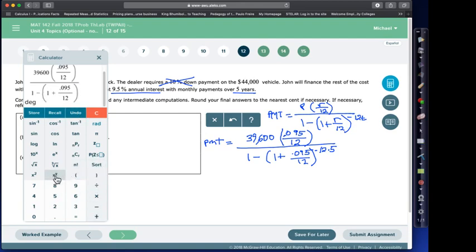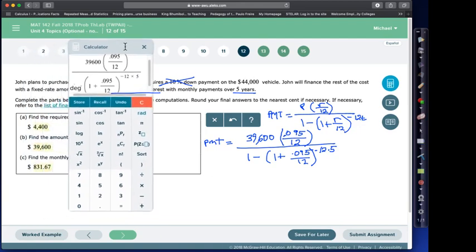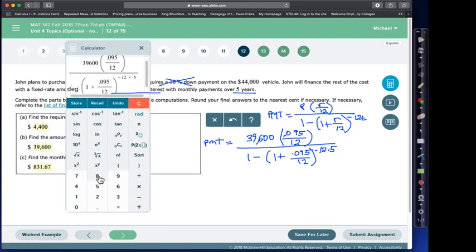Then we want an exponent, that's this x to the y, that's our exponent key. And up there we can put in negative 12 times 5. You could put in negative 60 if you'd like to, but it'll do it. And watch this magic. Let's move this over because I want you to see. We should get 831.67. And again, I'm doing this live. I haven't checked it yet, but let's see, 831.67.